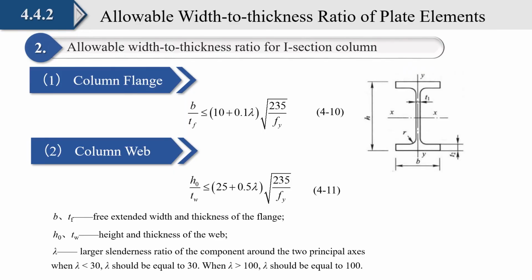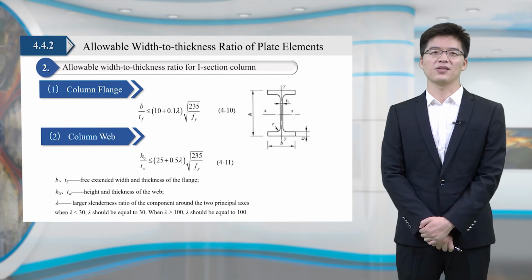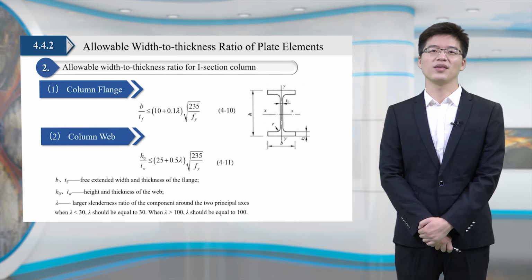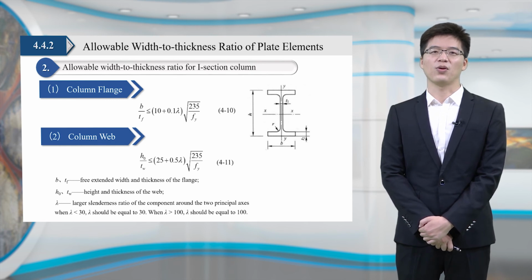Next, let's take the most common H-section axially loaded compression member as an example to derive the width-to-thickness ratio limit value for its flange and web. In an H-section member, the flange can be regarded as a uniform compression plate with three sides simply supported and one side free, whereas the web can be regarded as a uniform compression plate with four sides simply supported.